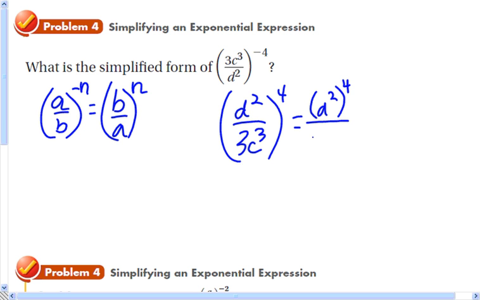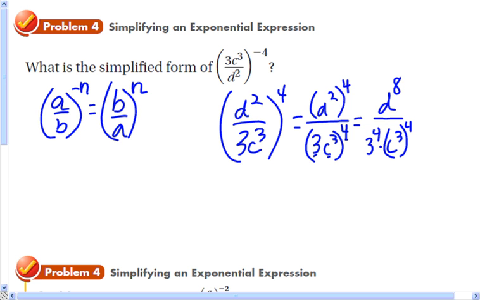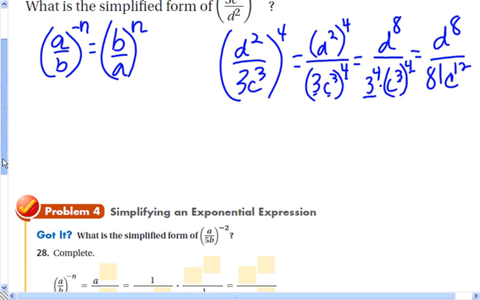And so we get like that. And we have to distribute this power to both things inside there. So we get 3 to the 4th times c to the third to the 4th. And last thing I'm going to do is just 3 to the 4th, which is the number 81. And then a power to a power, 3 times 4 is 12. And we're done. Okay. Go ahead, you try that.